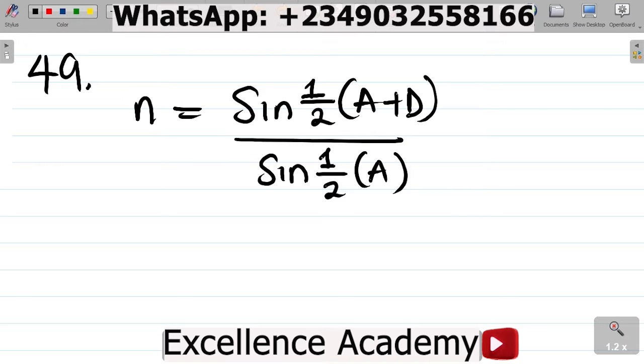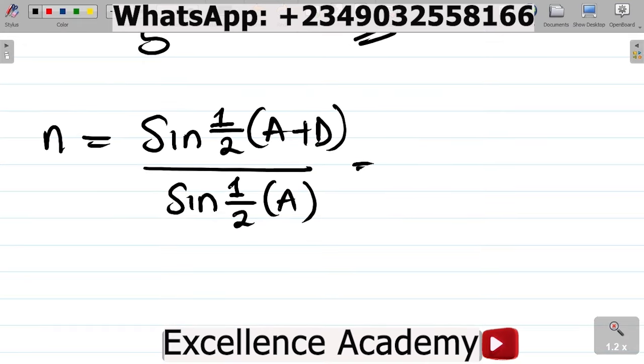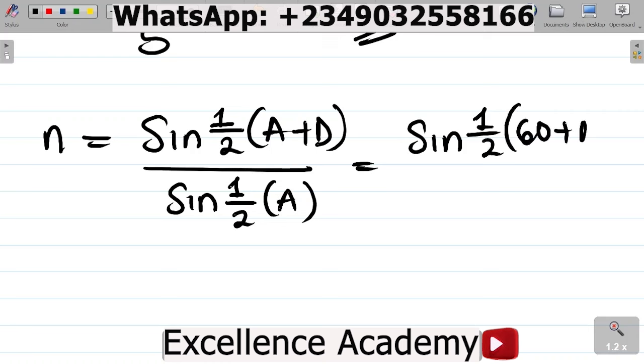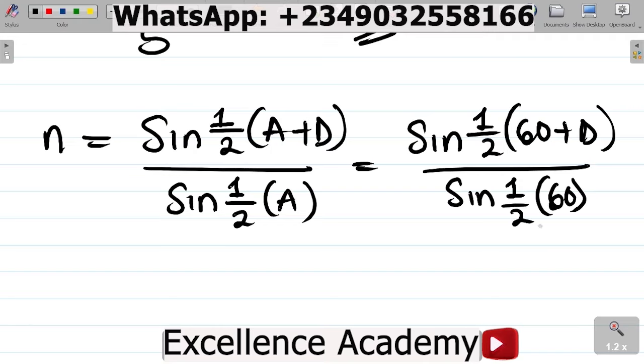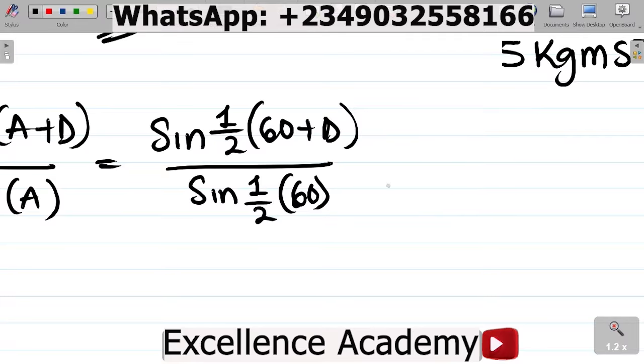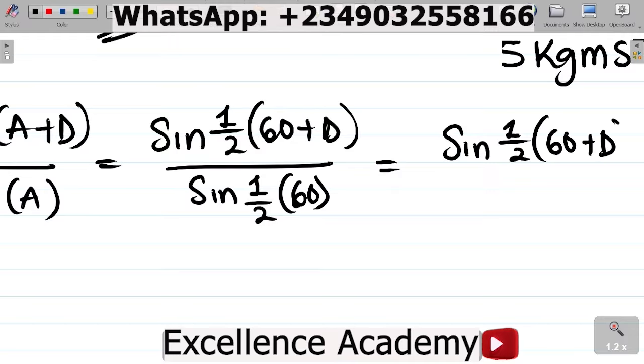So if you put that value here, we'll have that n is equal to sine half into A, which is 60, plus D all over sine half of A. A is 60. Let's proceed with this. This is equal to sine of half of 60 plus D all over sine half of 60, which is what there? 30.